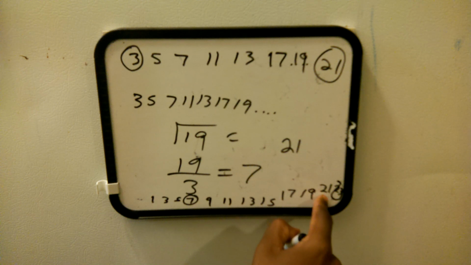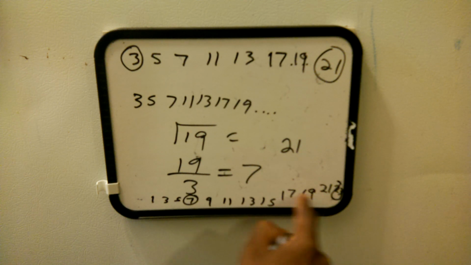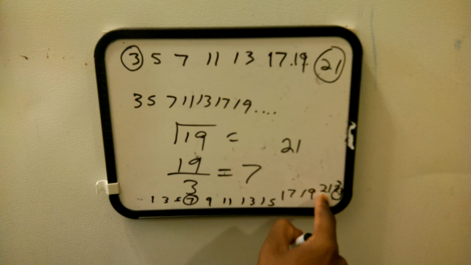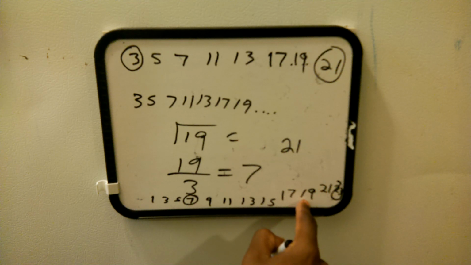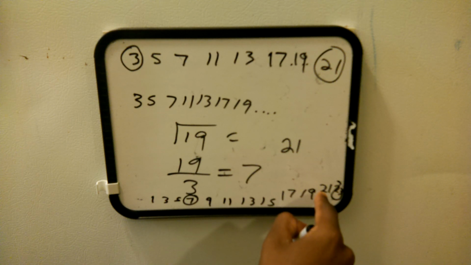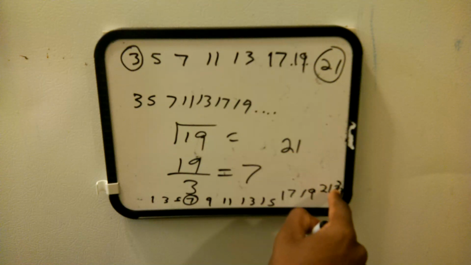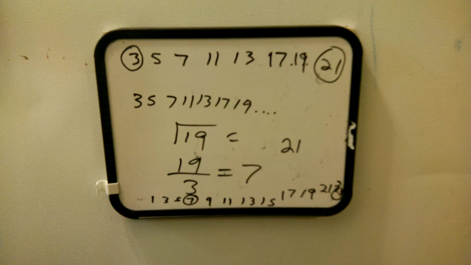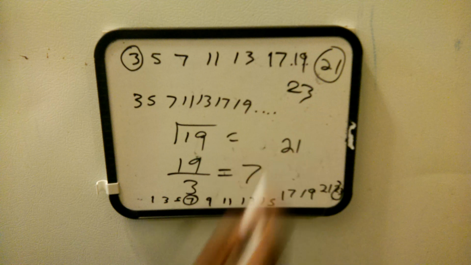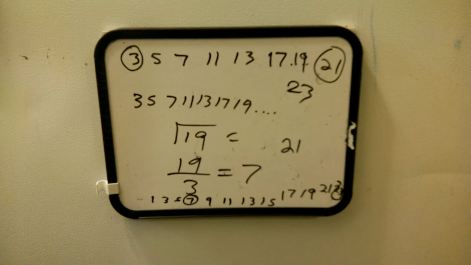Because there's nothing in between 21 and 19 if you go by your odd numbers. So therefore you count by 2: 17, 19, 21. And we know 21 is not the one. So the next one has to be 23. So that's your new prime number. It's 23.